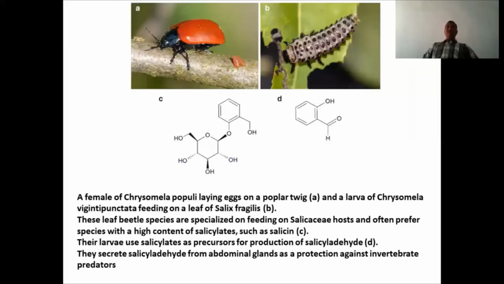The predators that in future are going to attack the plant will be protected against. So this Chrysomela is going to be a beneficial insect which is coming on the plant and protecting the plant.